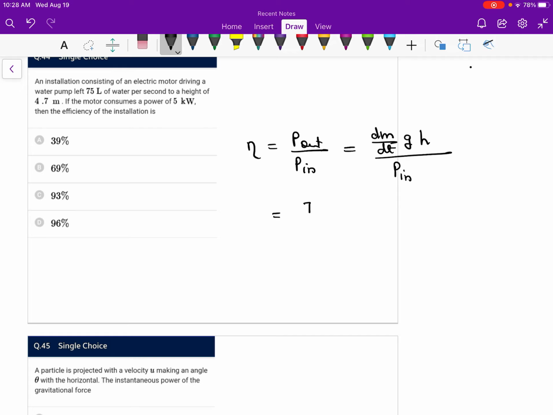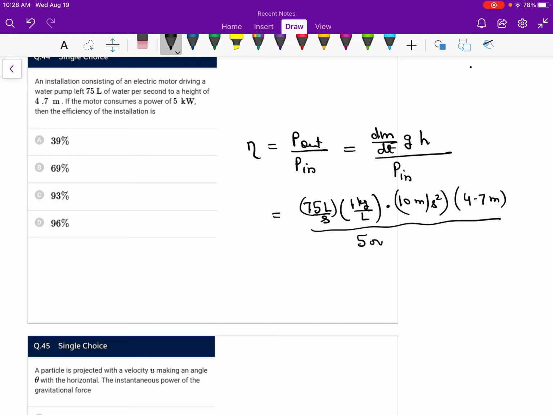So mass flow rate is 75 liter volume per second into water density, which is 1 kg per liter, into g, which is 10 meter per second square, into h, which is 4.7 meter, upon P input, which is 5000 watt. So this is 75 into 47 upon 5000.